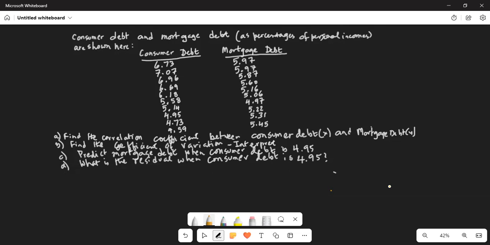The first column is consumer debt, what percent of personal income it is, and the second column is mortgage debt, what percentage of personal income it is. The first part asks: find the correlation coefficient between consumer debt and mortgage debt.